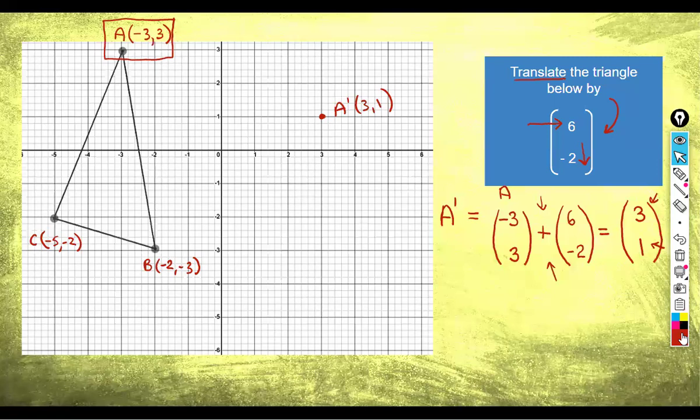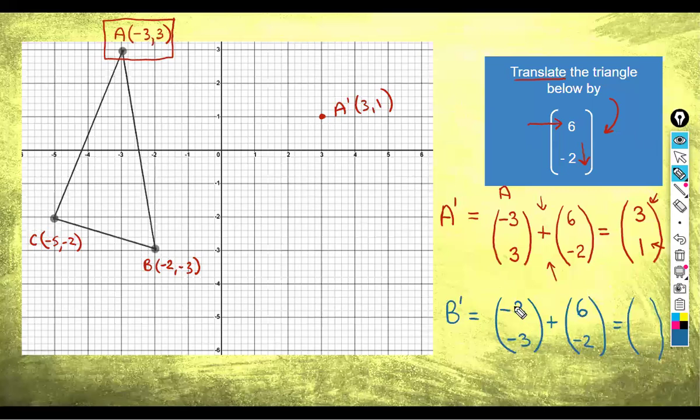To find the new position of B, which is B prime, the original B point is minus 2, minus 3. I write it vertical. Then we are going to apply the translation, 6 minus 2. The top is for the top, the underneath is for the underneath. Minus 2 plus 6 is positive 4.